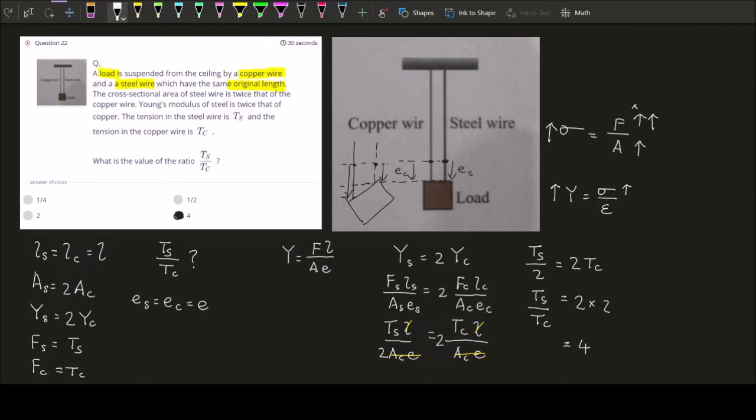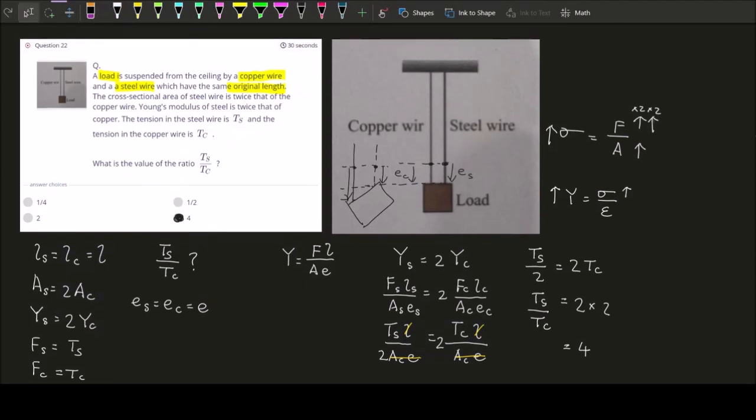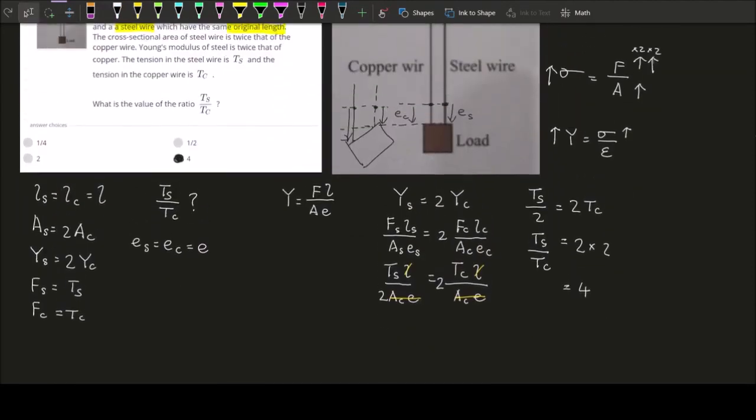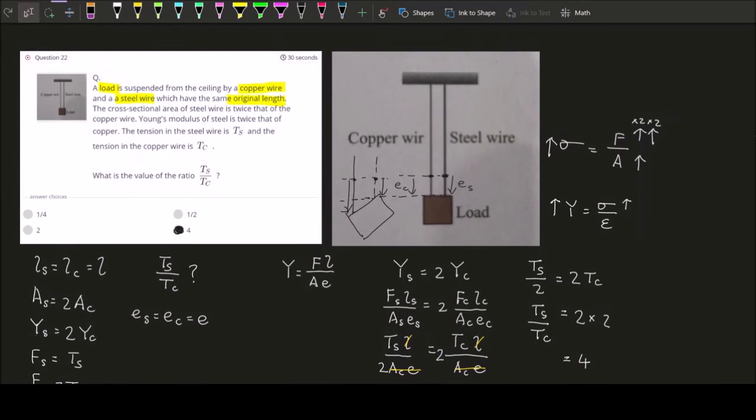That's why this one has a times 2, this one has a times 2, and therefore you have times 4. Just a qualitative relationship to let you see the whole thing. So that's all for question 22. No questions left, so that's all for the chapter 11 revision quiz. Thank you very much.